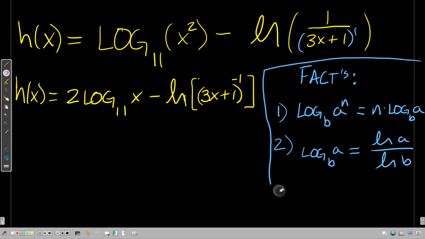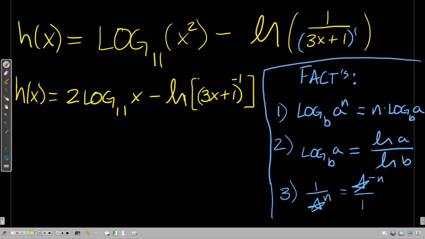So I guess we'll add to our facts list here something we discussed earlier, which is that 1 over something to an exponent is just, you move it to the other side of the division bar, but you have to change the sign of the exponent. Right? Fact 3 is what I just used right here.